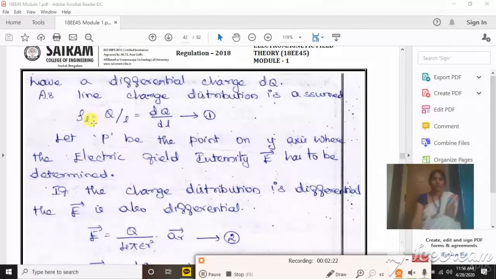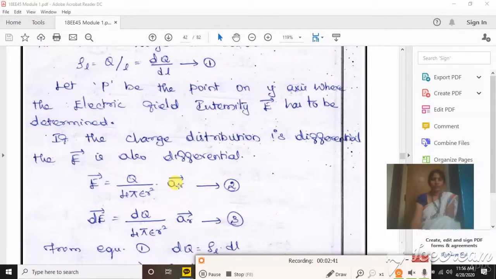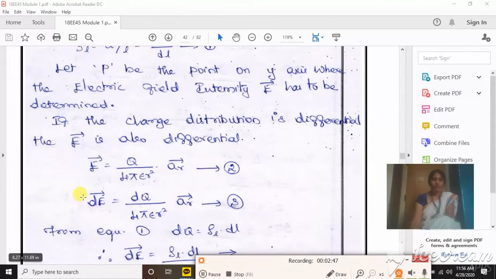Here the charge distribution is ρL, and ρL is equal to Q divided by L. Since you are going to assume a differential elemental length, the charge distribution is also going to be differential. We know that the electric field intensity is the force acting on a unit positive charge, which is Q divided by 4πεR² into aR vector. If the charge distribution is differential, then obviously the electric field intensity is also differential.